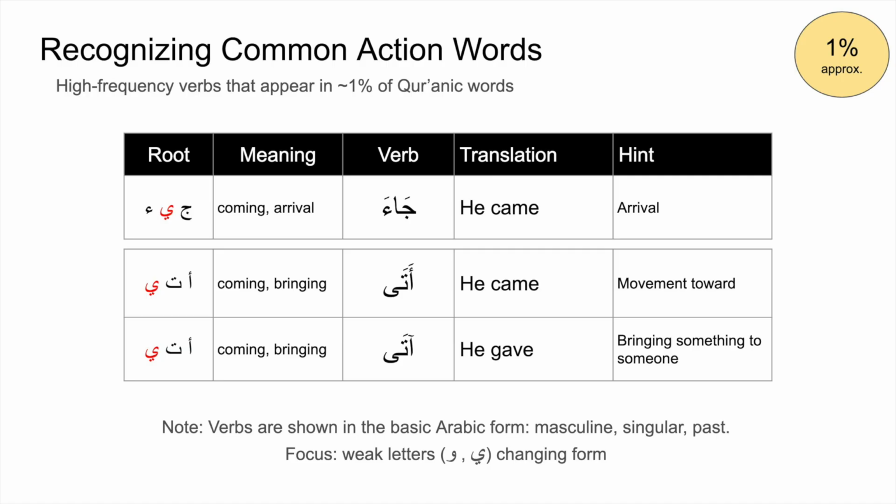The second word means he came. So here the root keeps the idea of movement toward or coming. But the third word means he gave. At first, that may seem very different, but it is actually related. You can think of it as bringing something to someone, and from there, the meaning becomes giving.